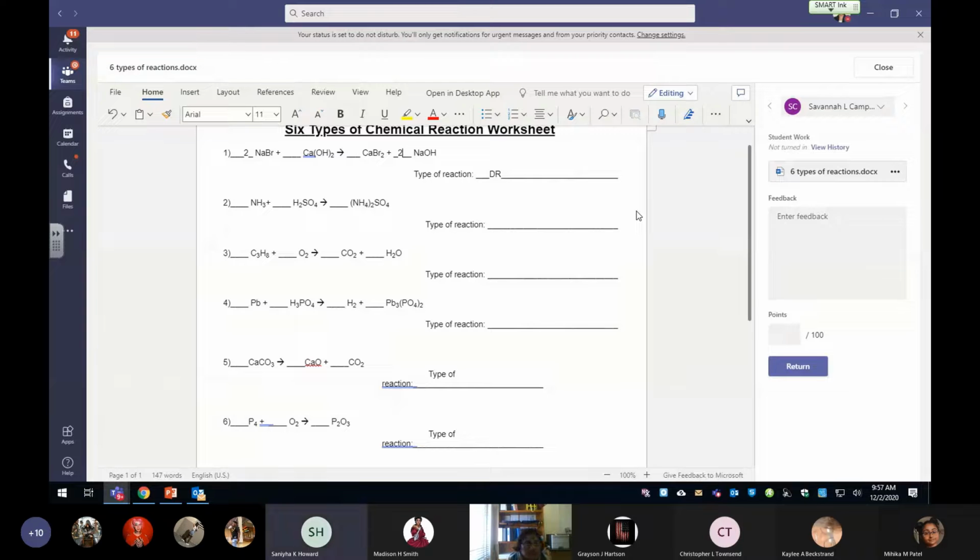Is it the addition? Yes, addition or synthesis reaction. There you go. So that's called addition, or you can write synthesis reaction or addition reaction, whatever name. So that's synthesis reaction.